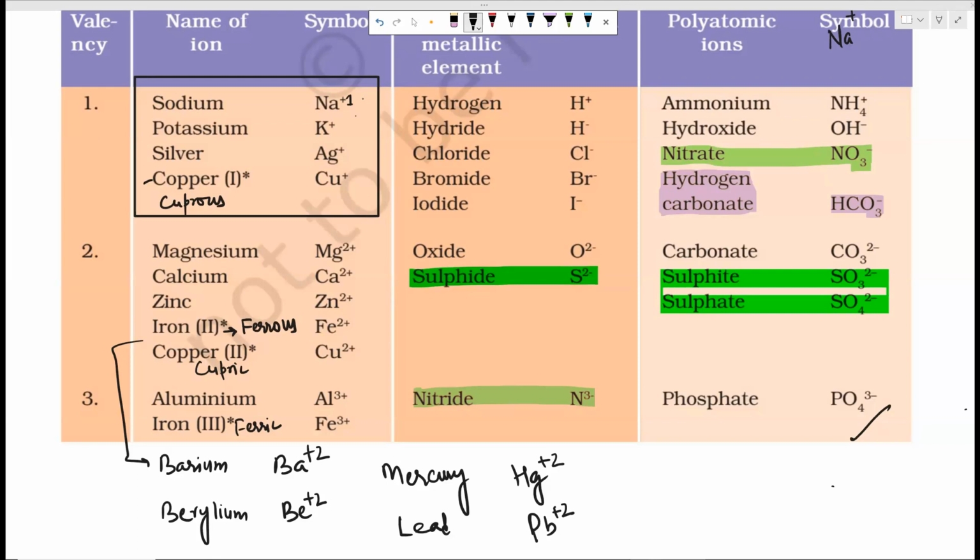Okay, just do it. SO3, sulfate, SO4. Done.